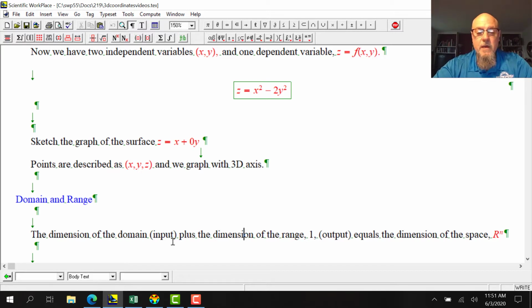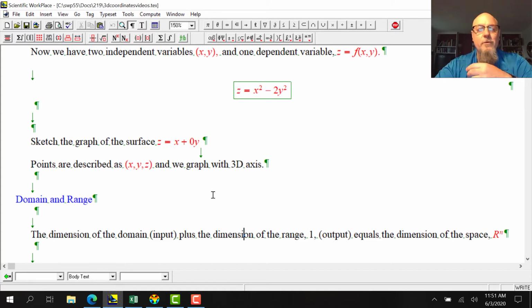Since we're talking about multivariable, there should be at least 2 input variables. So our domain is at least 2-dimensional. And our output is 1-dimensional. Output is always 1-dimensional. So in a 3D graph, I've got 2 dimensions for the input and 1 dimension for the output. 2 plus 1, that's 3. That's why we're in 3D.